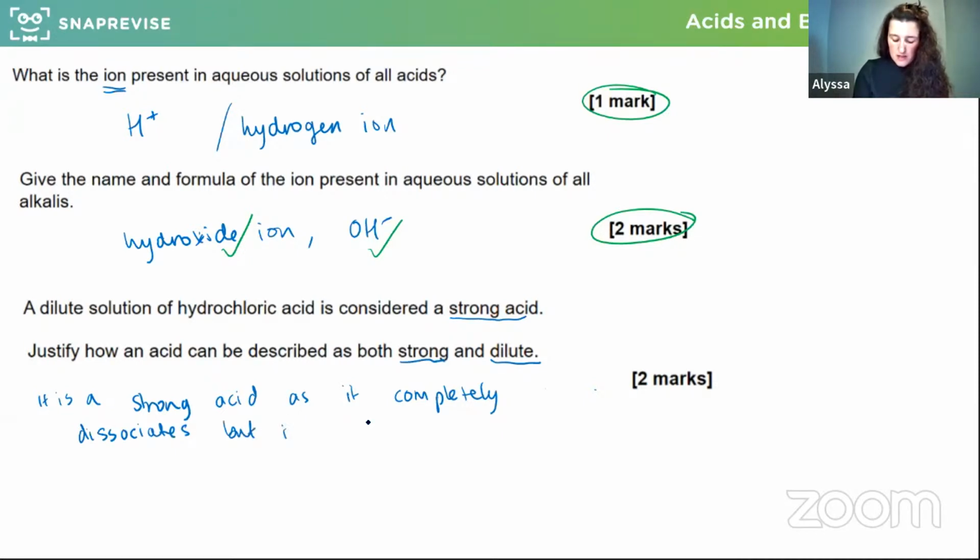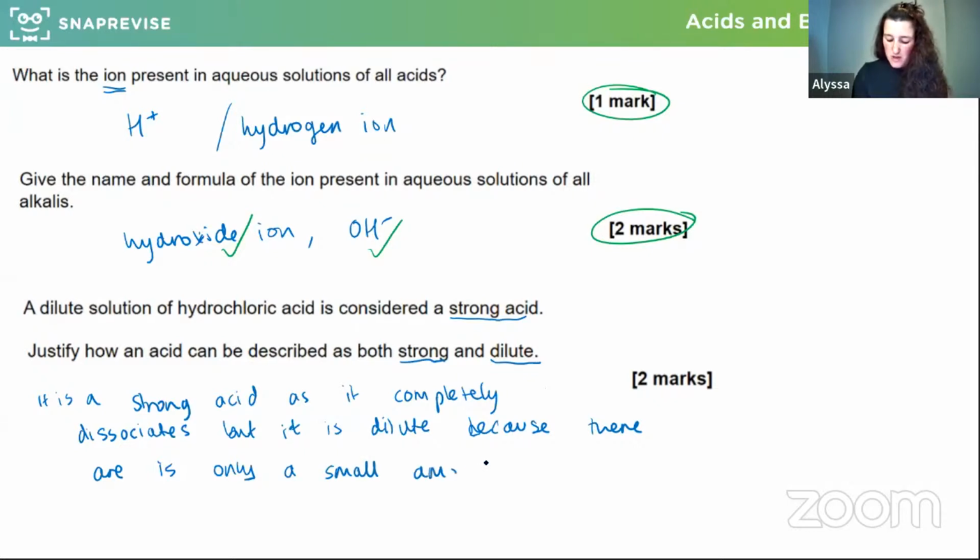But it is dilute because, as you guys said, there's only a few acid particles per unit volume. So there is only a small amount, or a few acid particles, whichever you'd like to say, of acid per unit volume.